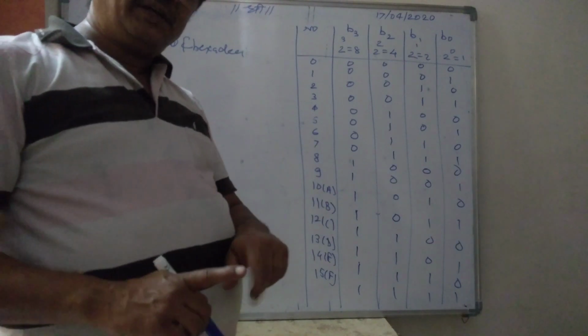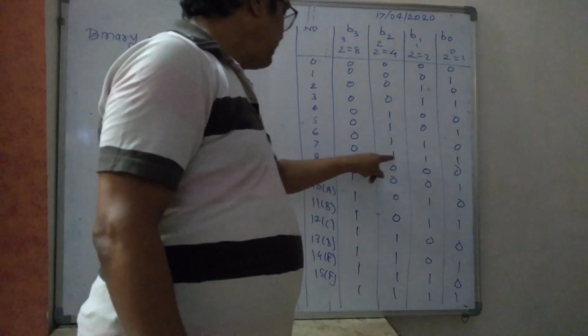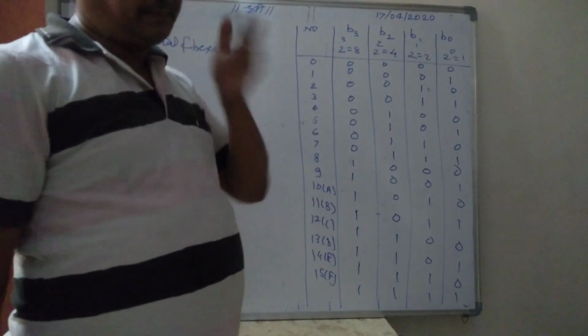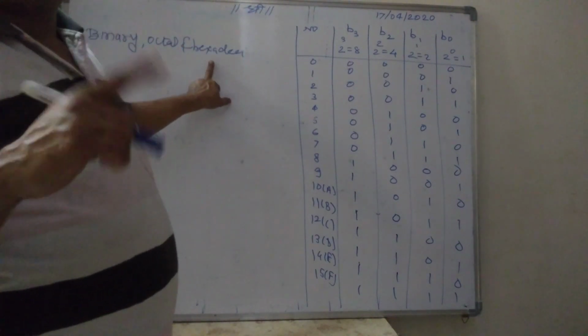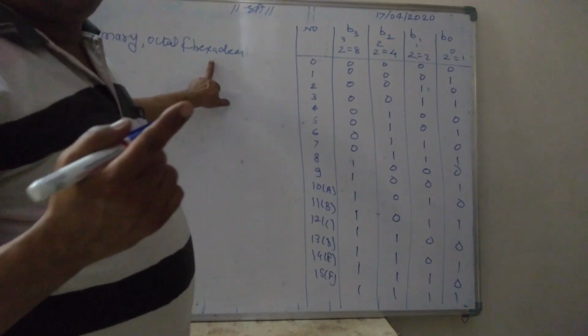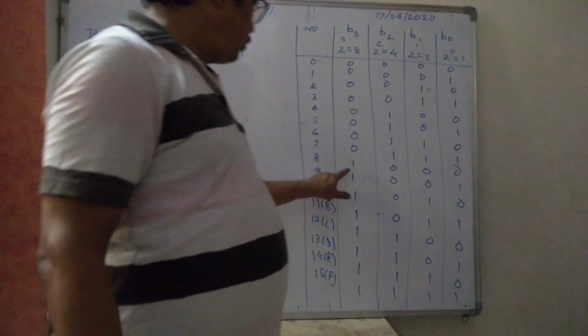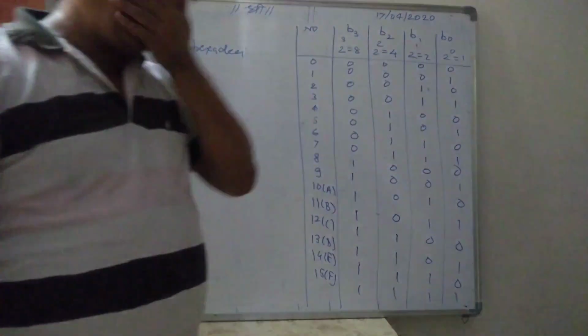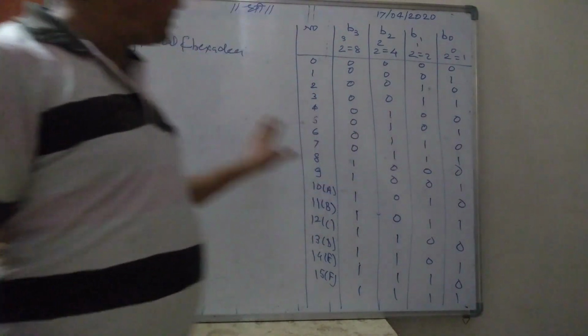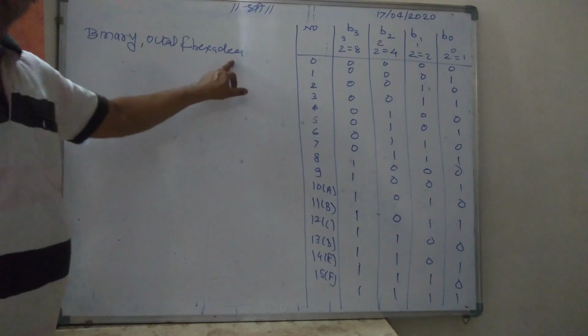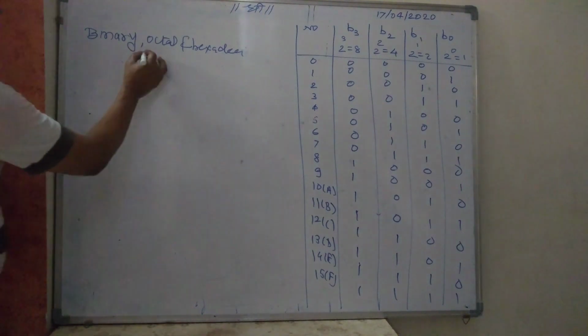If it is to be represented in hexadecimal, then it is 0111. Hexadecimal, hexa, 2 raised to 4 is 16, so hexadecimal number is represented with 4 bits. Octal number, 2 raised to 3, is represented with 3 bits. Hexadecimal number is represented with 4 bits.